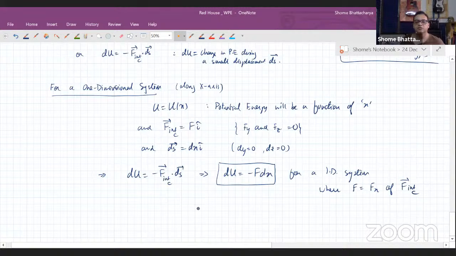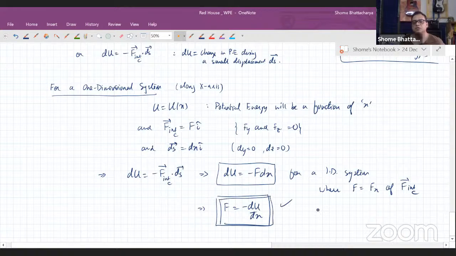Okay. So now the reverse of this relation is that F is minus dU by dx. So this becomes the all important equation for us. So for the 1D system, U is a function of x. And the x component of the internal conservative force, how do we get that? By differentiating with respect to x.